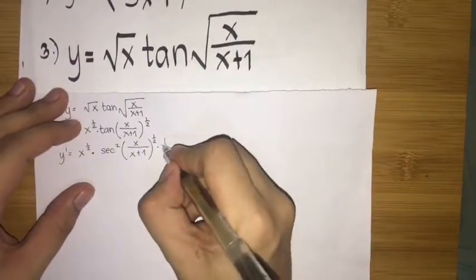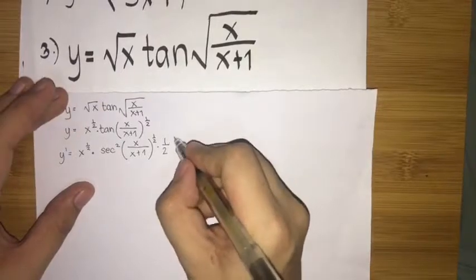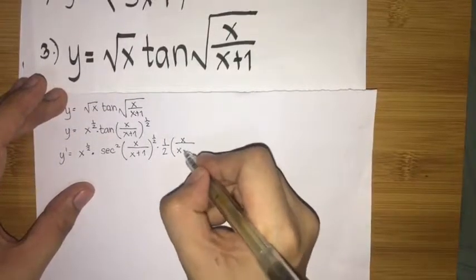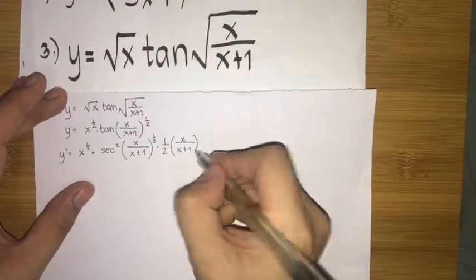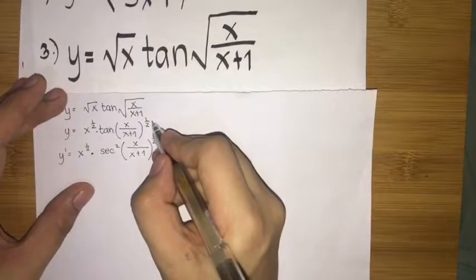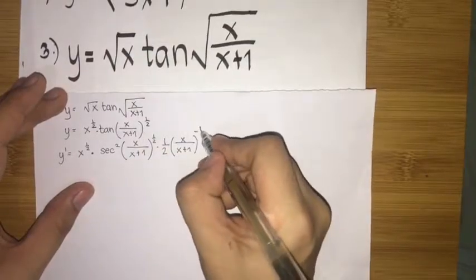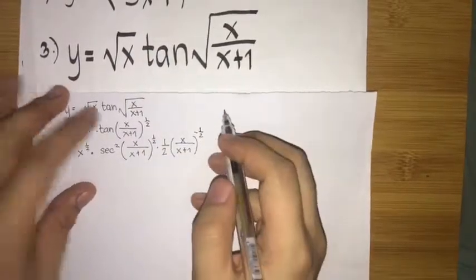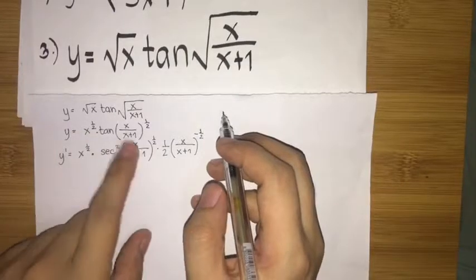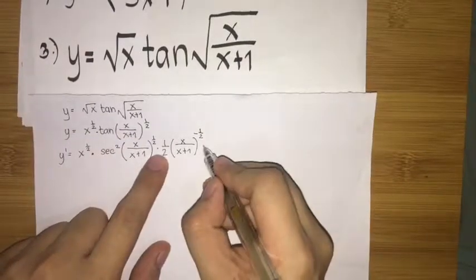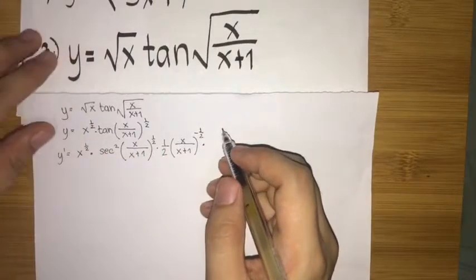And using power formula, we can find the derivative to be 1/2 times x over x plus 1 raised to, so we'll subtract 1 from the exponent, so 1/2 minus 1 will have negative 1/2. And then for the last part, the innermost function will be this quotient of these two different functions, so we will apply quotient rule in finding the derivative.